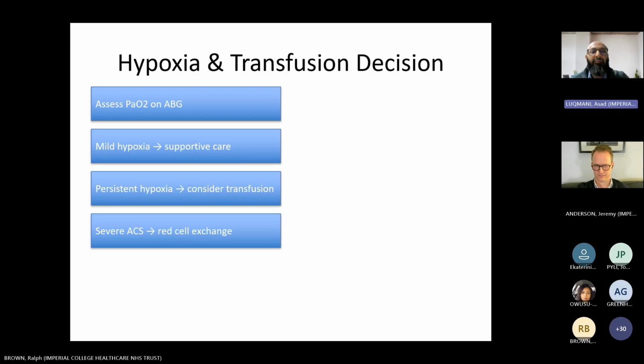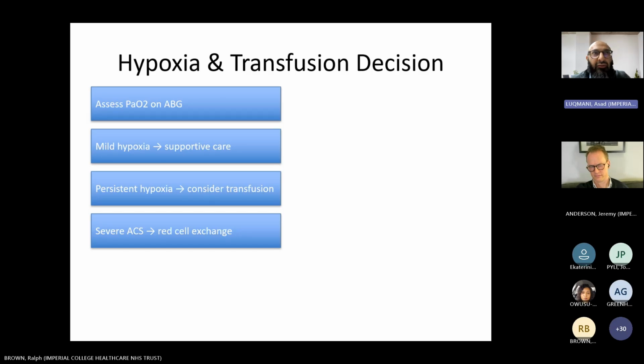Yeah, so in terms of managing acute chest syndrome, in the early stages, or the milder stages of acute chest syndrome, the patients can be managed with NIV. And previously, we used to generally advise that these patients are treated with CPAP.